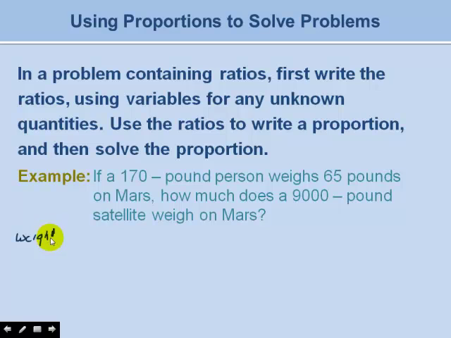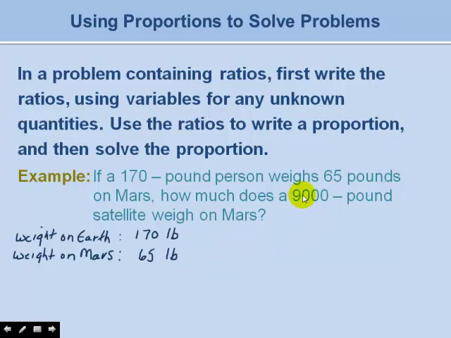So let's write that out over here. So we have weight on Earth, weight on Mars. So we have a 170-pound person on Earth. So that's their weight on Earth. Their weight on Mars is 65 pounds.